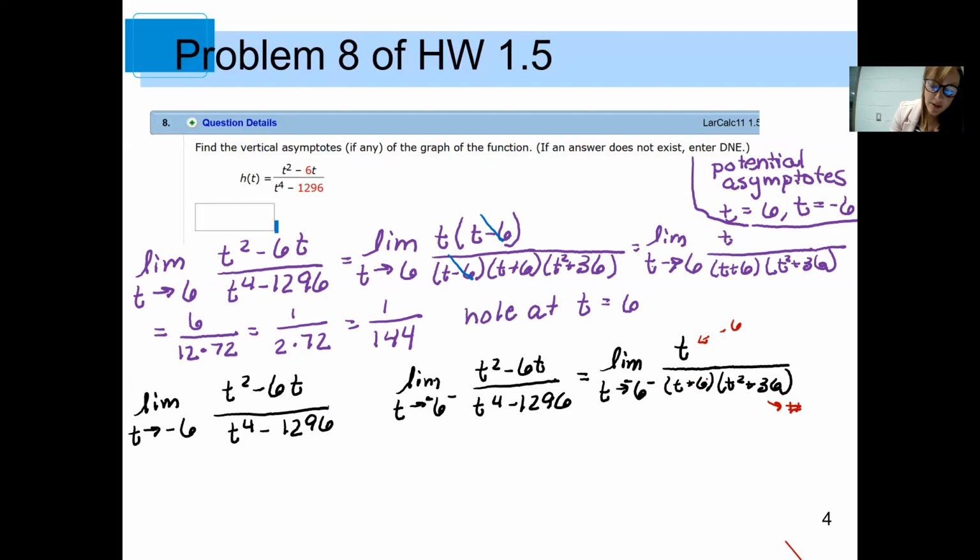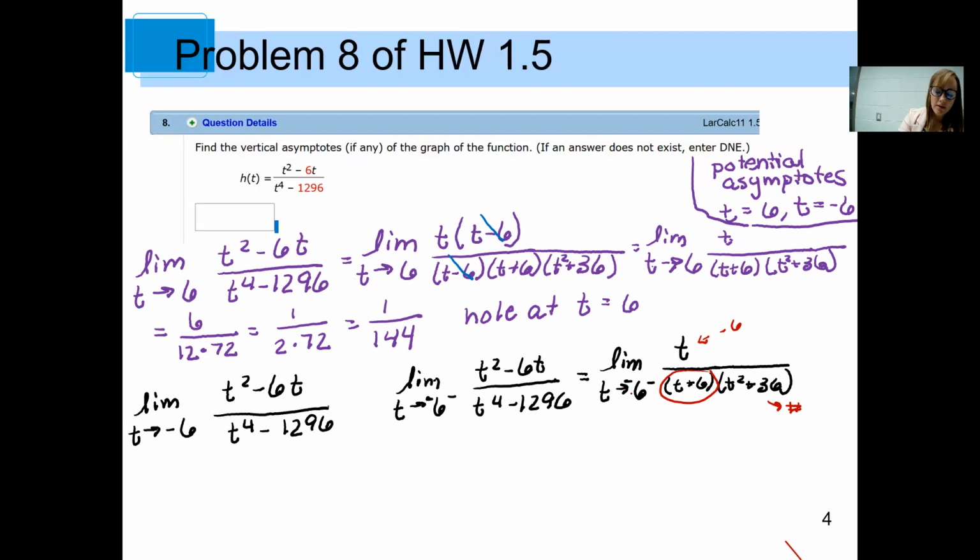But what's really happening with this t plus 6 term as we input different values, as we look at approaching -6 from the left? Approaching -6 from the left, we're looking at negative values, slightly more negative, so the value is going to be negative.